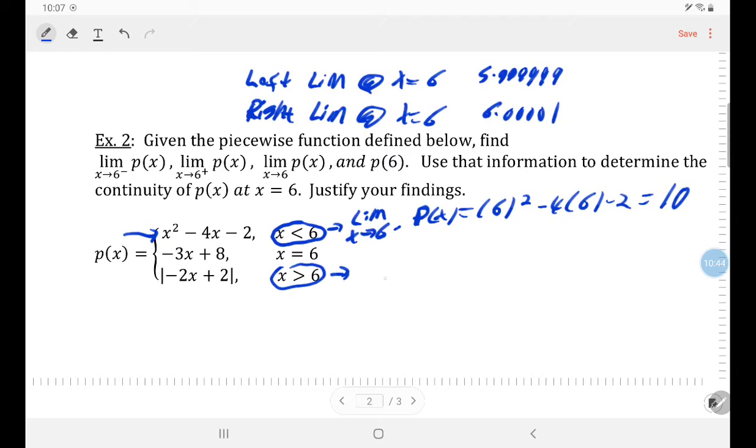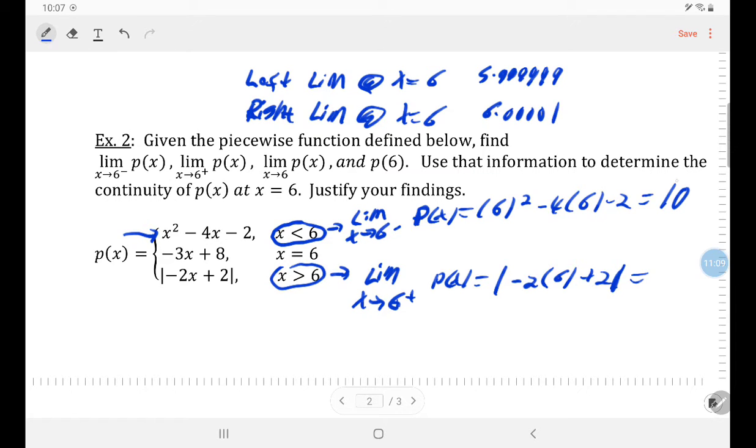So I'm going to plug into there. This is my limit as x approaches 6 from the right of the function p of x, which is the absolute value of -2 times 6 plus 2. Let's figure that out in our heads: -2 times 6 is -12, plus 2 is -10.